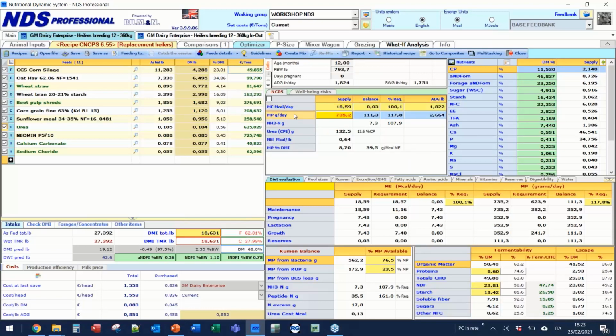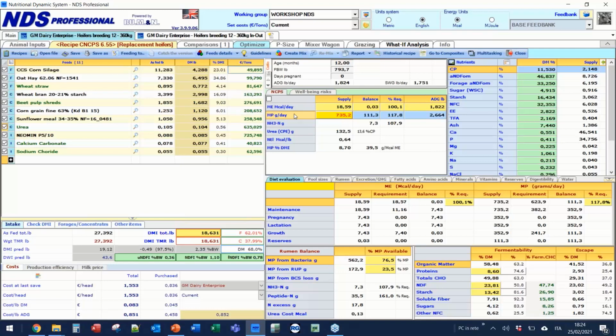Because the prediction based on MP doesn't seem so accurate, and many times it overpredicts the real growth we observe for our group of heifers.